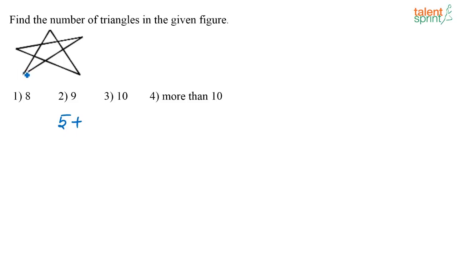Here, look at this triangle, this is 1, and then you have this one, that is 2. Then similarly this is one big triangle, 3, and then we took this big triangle.